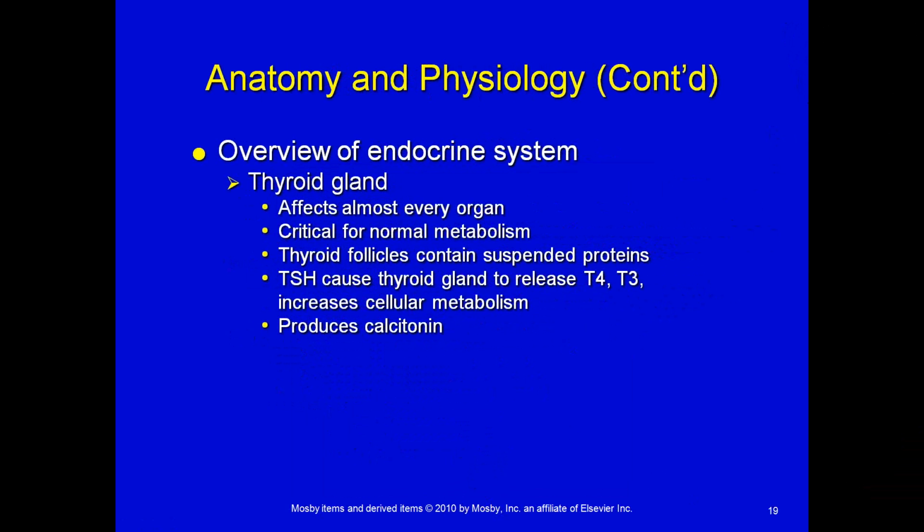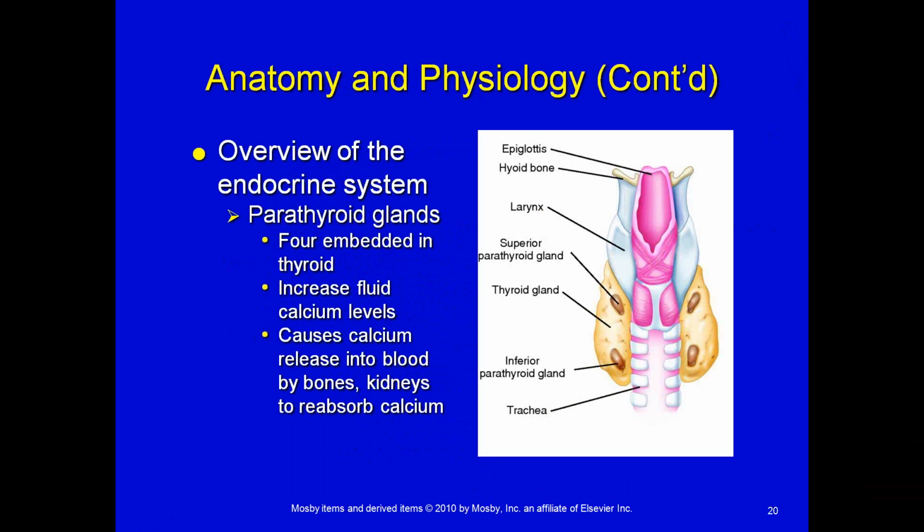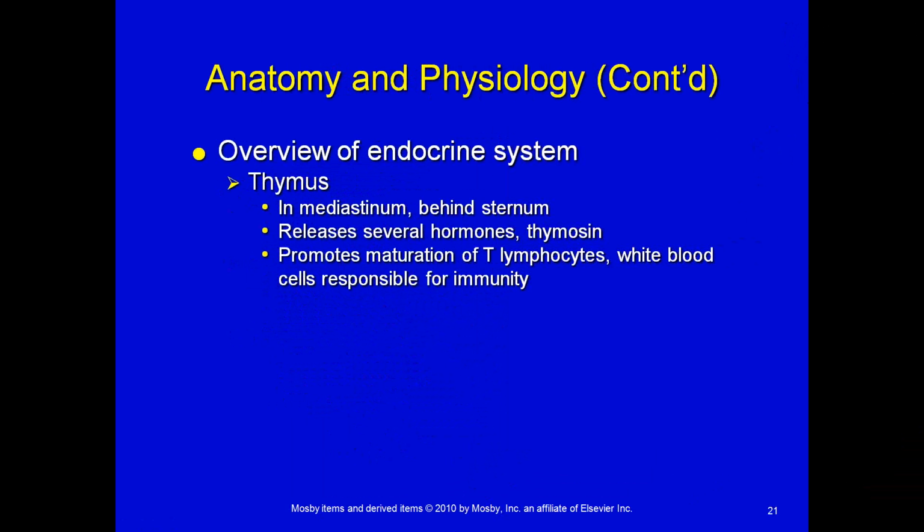And it also has something to do with the production of or storing of calcium. The parathyroid glands, there are 4 embedded glands that are within the thyroid itself. They increase fluid calcium levels, and they also cause calcium release into the blood by the bones and the kidneys, and they also are important in the reabsorption of calcium and bone strength.